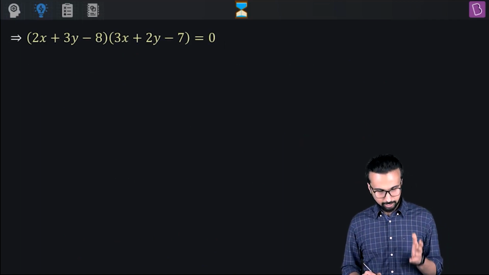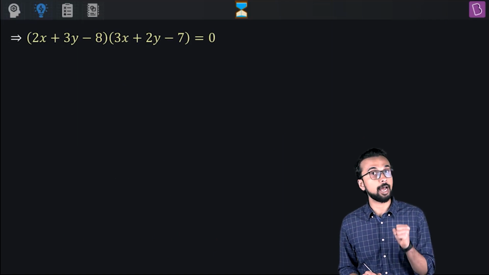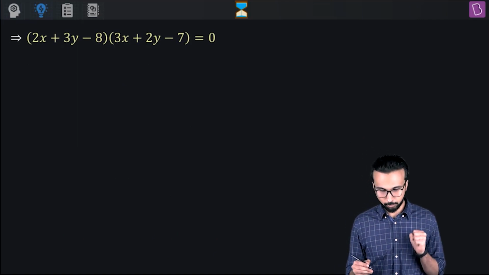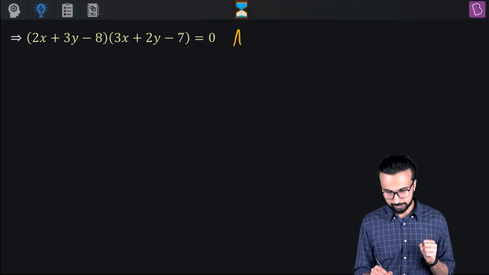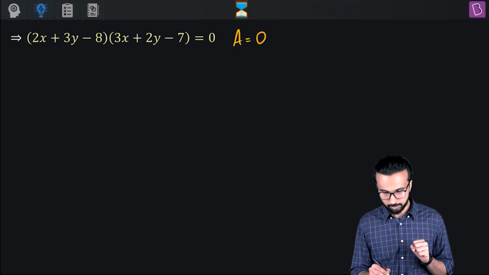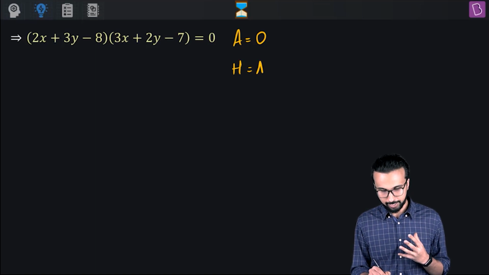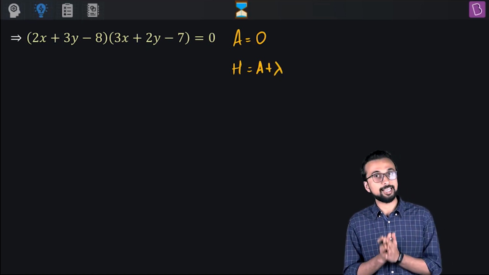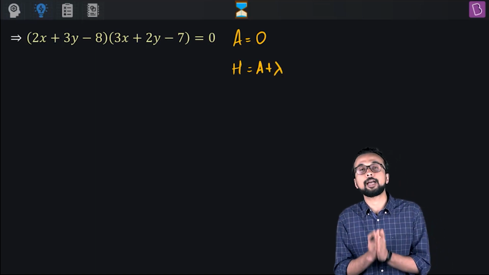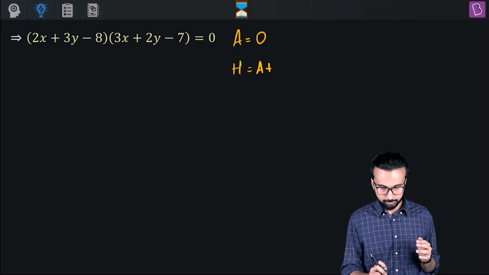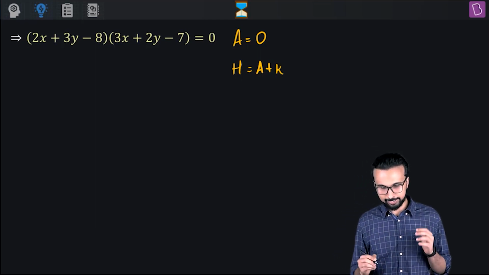Now, here we are looking for the equation of our hyperbola. If you have your asymptotes equation as equal to 0, the equation of my hyperbola and the equation of my asymptotes simply differ by a constant term. Instead of lambda, I'll add k here.